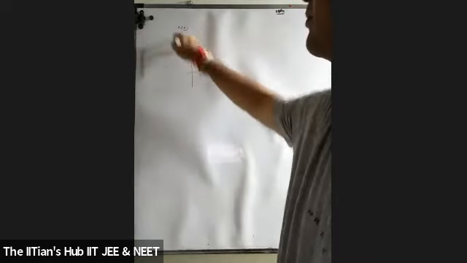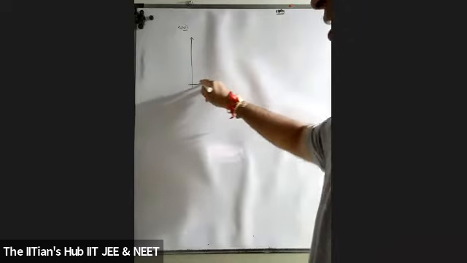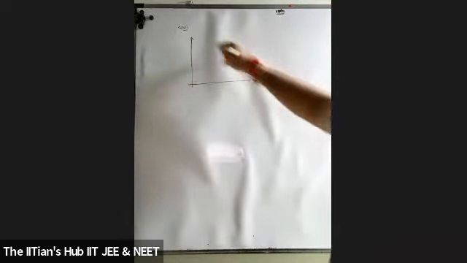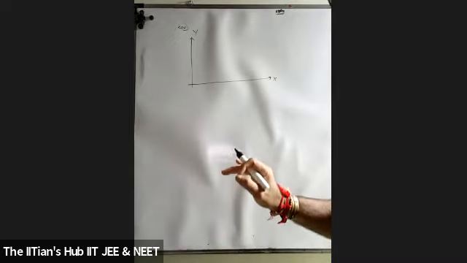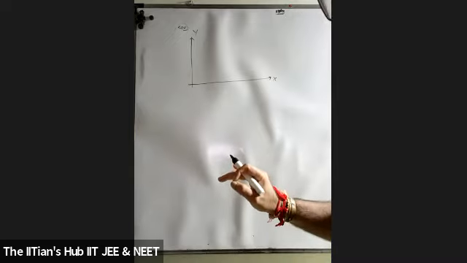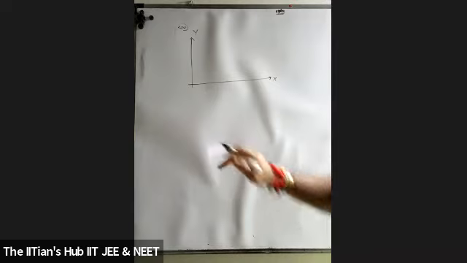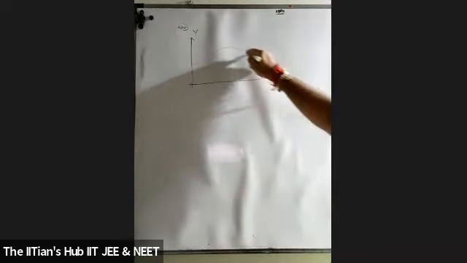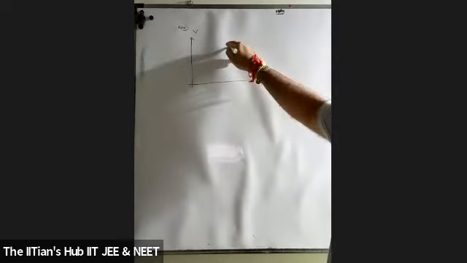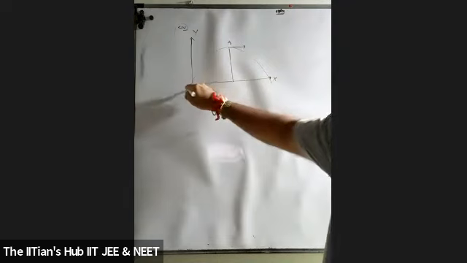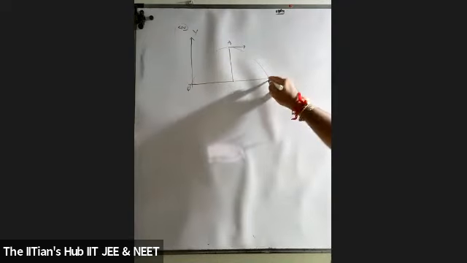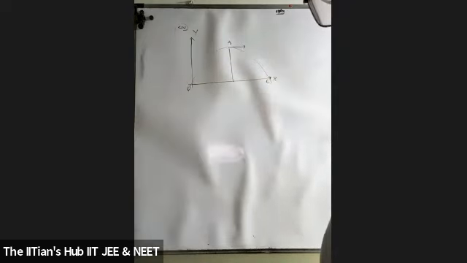The last problems are slightly trickier as compared to the beginning ones. For a projectile launched from a point on the horizontal ground, the speed when it is at the greatest height, let us say this is the launch. This is greatest height. I'll consider the speed at this point A. This is point O, this is point C. The speed at the greatest height is root 2 by 5 times the speed when it is at half of its greatest height.